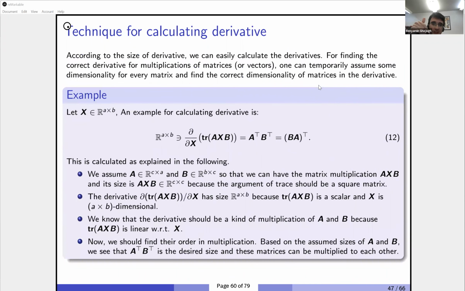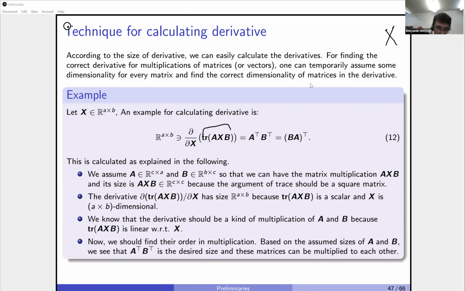There are some things I can leave for interested readers. Let me exclude the slides. These are optional, you don't need to read those. But if you want, we can discuss it later off class, because I think we won't have enough time to go through this. Just for your sake, there are some equations where, for example, if we have this function, what is the derivative of this with respect to this matrix?